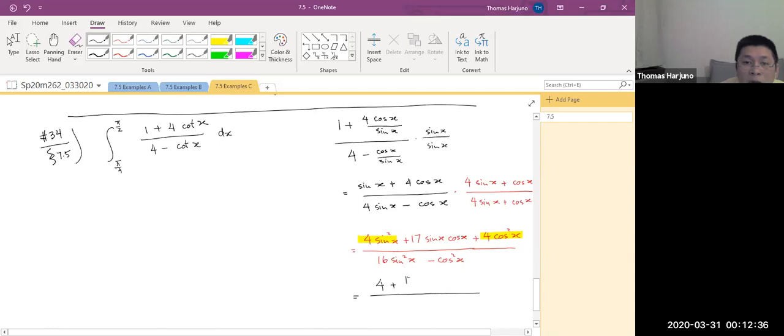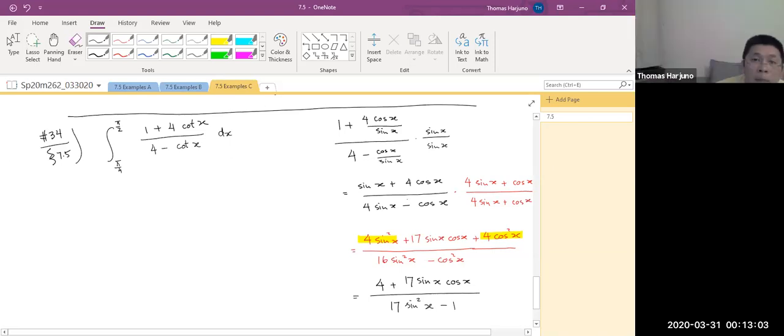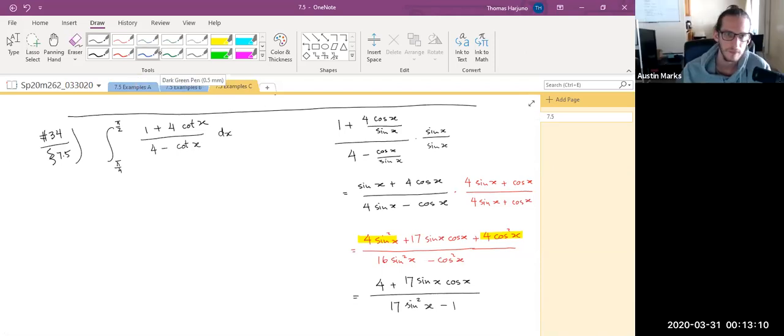And this will be 17 sine x cosine x. While on the denominator, notice that cosine squared x is actually 1 minus sine squared x. So I can write this as 17 sine squared x minus 1. 17 or 16? 16 sine squared x minus 1 or 17? 17, because from that cosine squared x, we have an extra sine squared x.